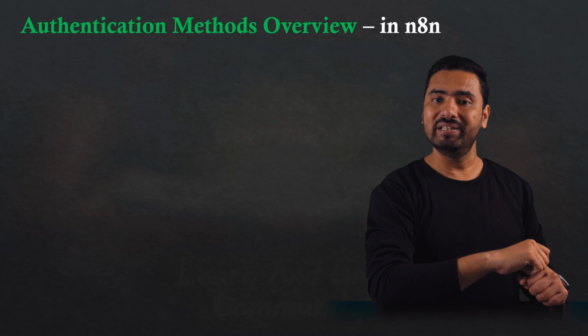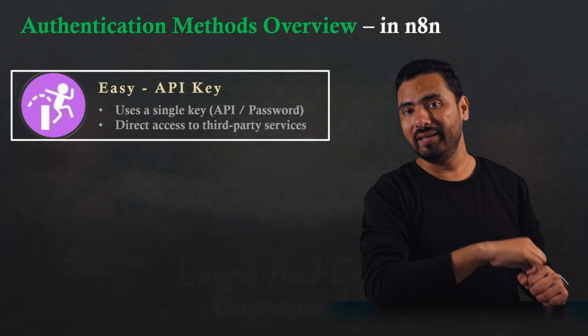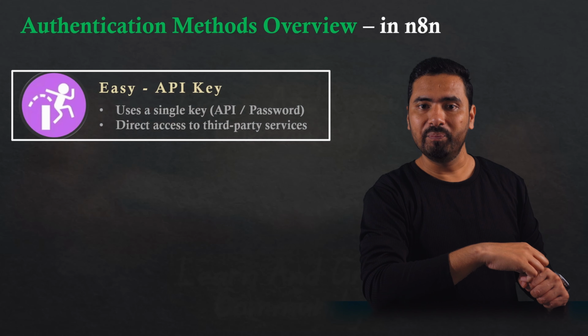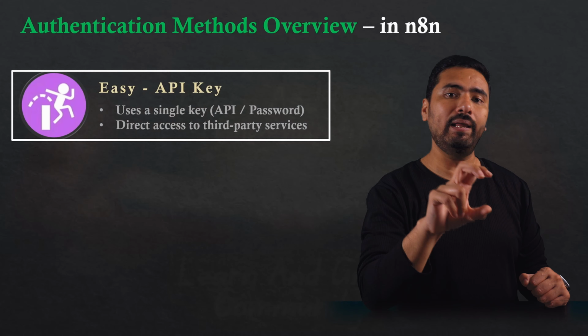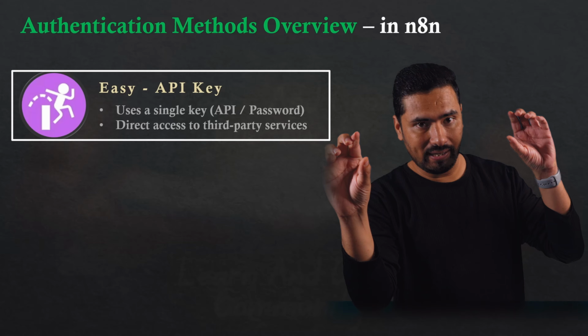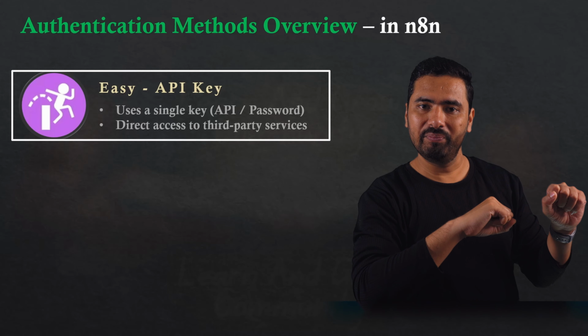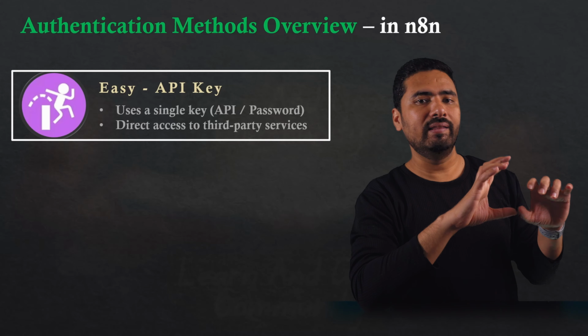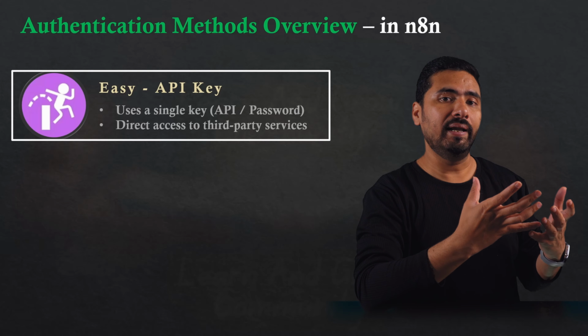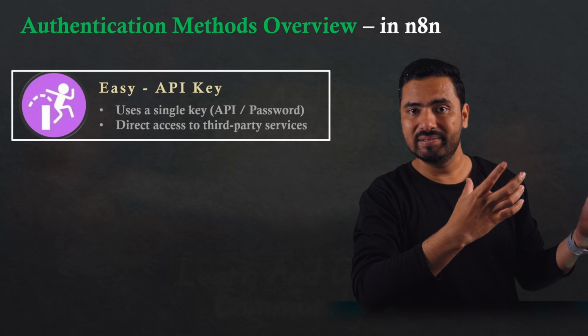So for the easy one, we will use the API key. We will generate the API key for the third party tool. And then we will use that API key in n8n to build the connection between n8n and the third party tool. We did a similar thing in the past as well, like with OpenRouter, with OpenAI, with Market Stack. So this is super easy.